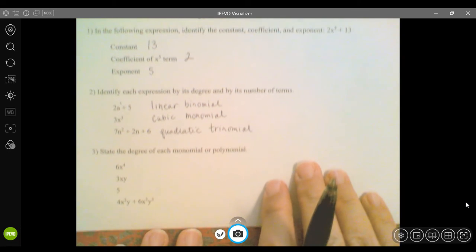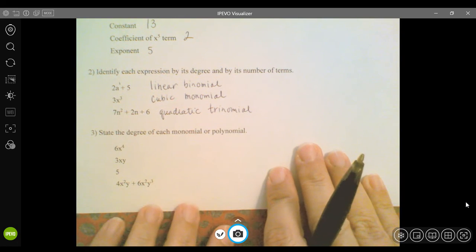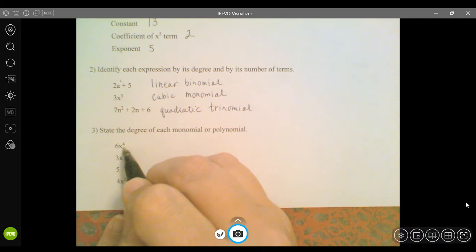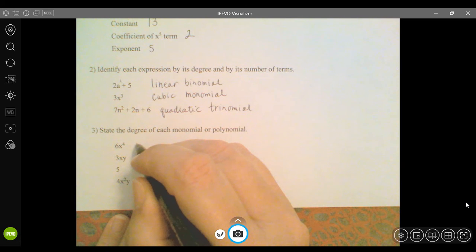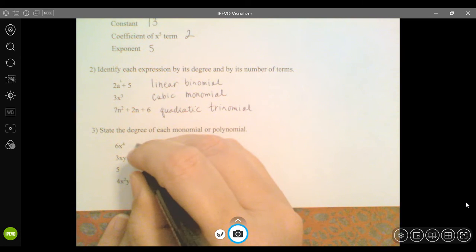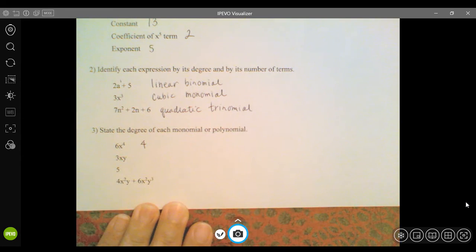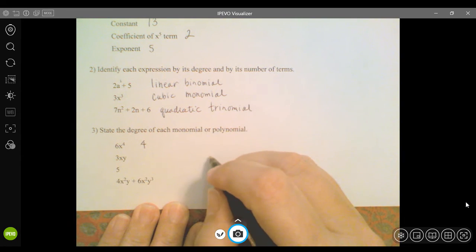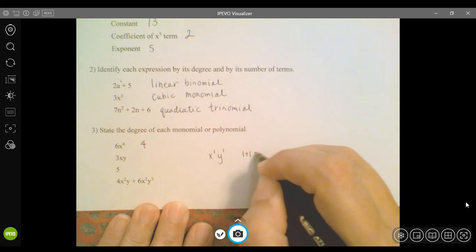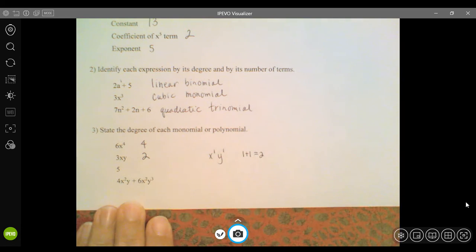All right, number 3, state the degree of each monomial or polynomial. I see an exponent of 4 here. So this degree is 4. Here, think of it as x to the 1st, y to the 1st. 1 plus 1 is 2.